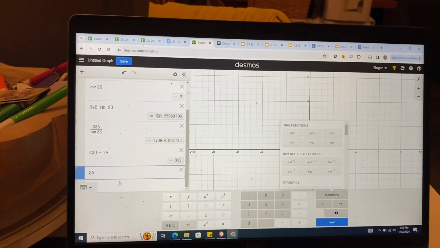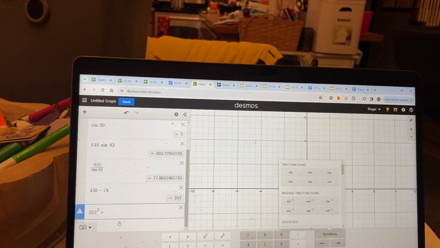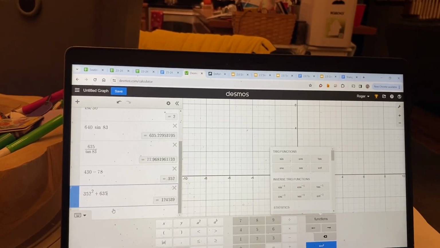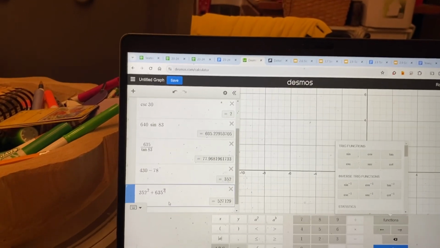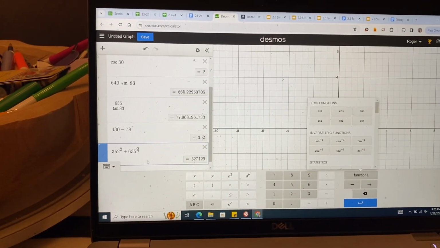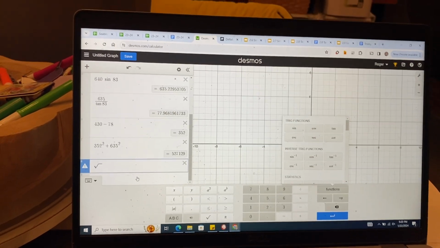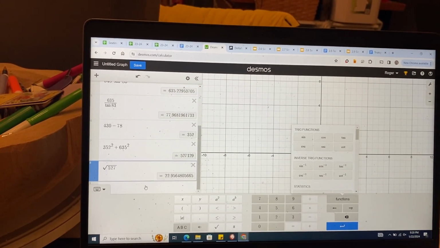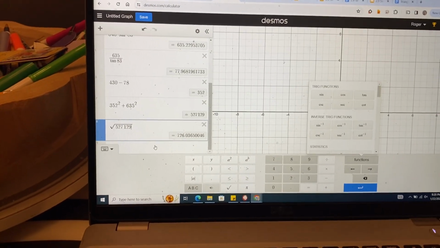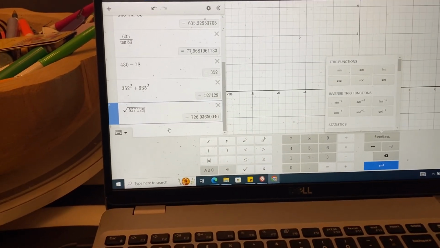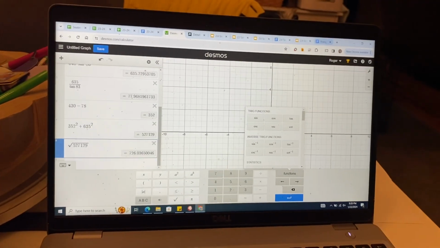So 352 squared plus 635 squared is going to give me 527,129. So the square root of 527,129 gives me around 726. So this is going to be around 726 light years. Big, big number. Okay.